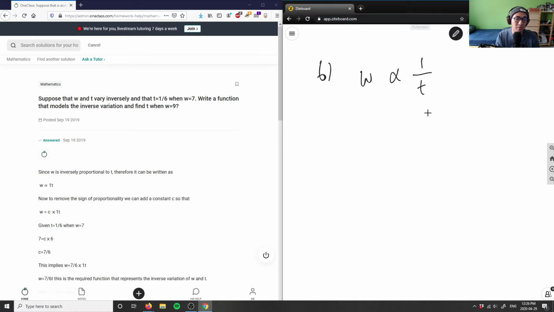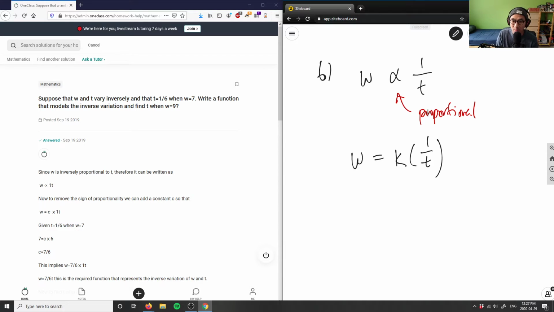So when I say W is inversely proportional to T, I can say that W here, if I want to change this proportional to equals, has to be K times 1 over T here, and K here is simply just a constant to figure out how it's inversely proportional between W and T here. And it says here models that T here equals 1/6 when W equals 7.